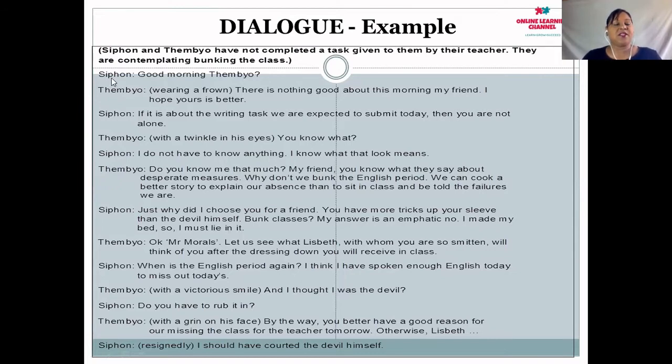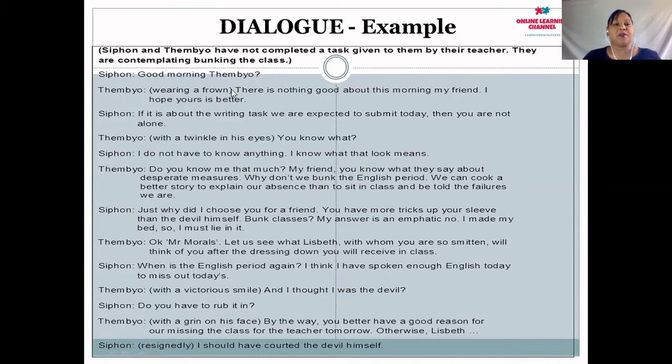So Sifon starts speaking first. You can see all the names on the left-hand side of the page. Sifon, his name, the character's name, followed by this colon, and then he speaks. Good morning, Timbio. There's a line, we've left the line here, and then Timbio speaks. Timbio, colon, wearing a frown.